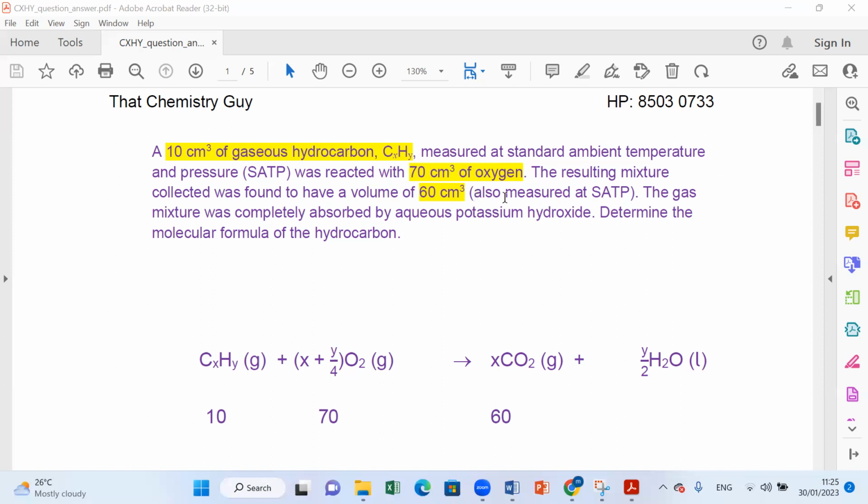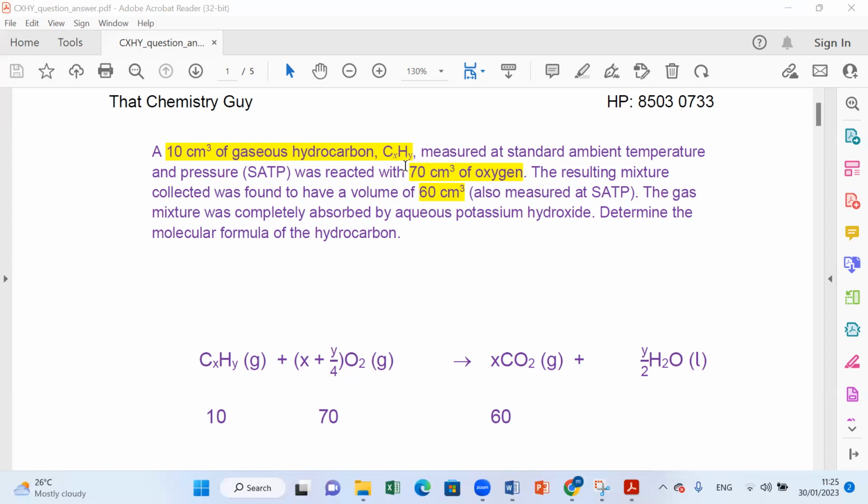As you can see from the data given, the resulting mixture collected was found to have a volume of 60 cm cube and is completely absorbed by potassium hydroxide. So there's so much data hidden inside here. If you use the words completely absorbed by KOH, that basically means that the remaining gases produced at the end should not have any remaining oxygen.